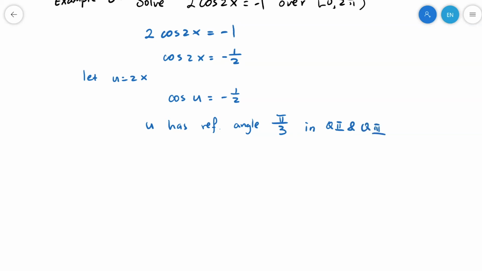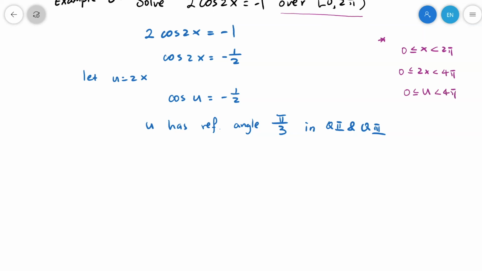One thing before I continue, I need to point out that the original question tells me I want to find x over the interval 0 to 2 pi. That means x is going to be between 0 and 2 pi. But our u is 2x. So 2x will be between 0 and 4 pi, which means u will lie in between.